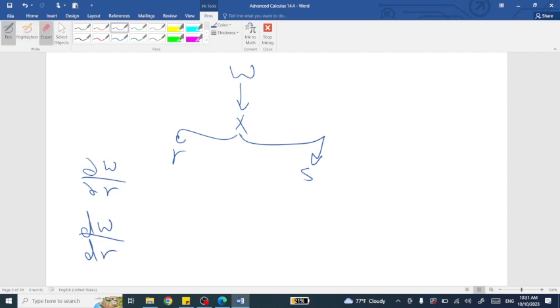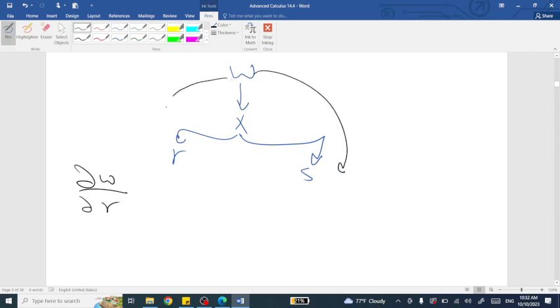dW? You are wrong. Partial W by partial R, because W contains two things. Forget about X now. Good.